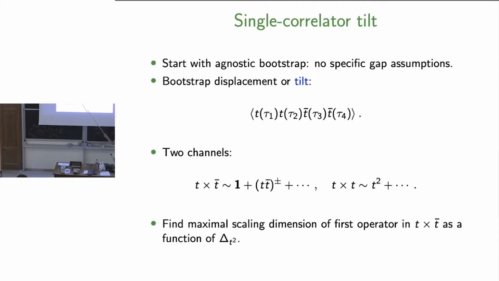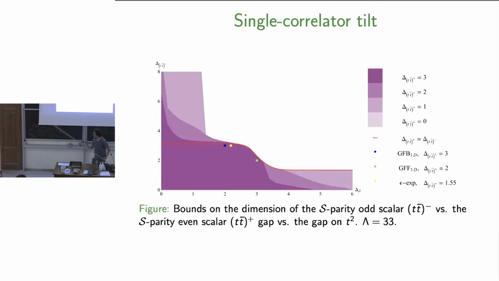Seeing that we can also start putting gaps and playing with the conformal dimension of the T T bar plus, we did it. The lighter color basically means no assumptions on the T T bar plus. So we leave it as it is. The unitarity bound tells us that operators with dimension 0 and up are allowed, and so in that channel we allow operators with dimension 0 and up. And then the darker the color, we are increasing that gap. So it's a 2D plot, but there is this sort of hidden third variable, which is the gap of this extra channel. And the more we push the gap, the darker the color, the bounds tend to get stronger.